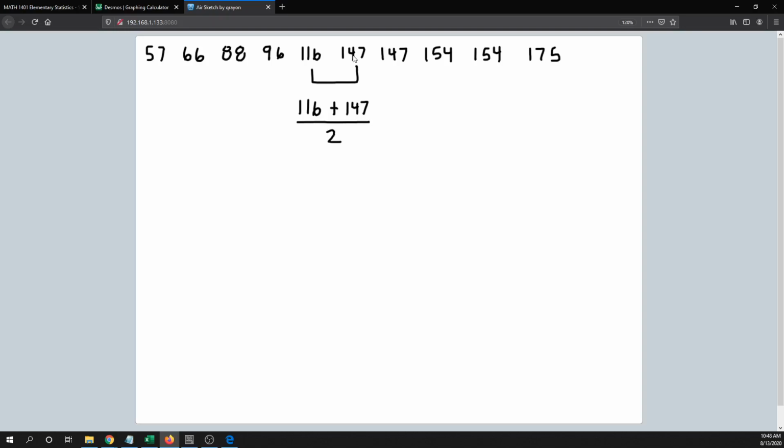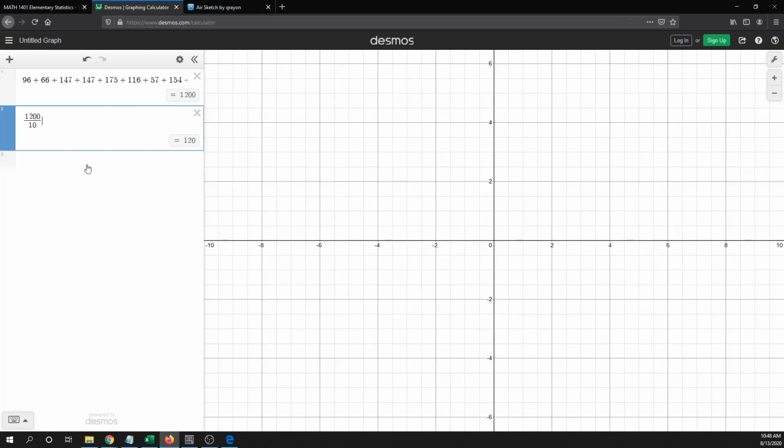So 116 and 147, so that's going to be what, 163 it looks like. Oh, 263, right?